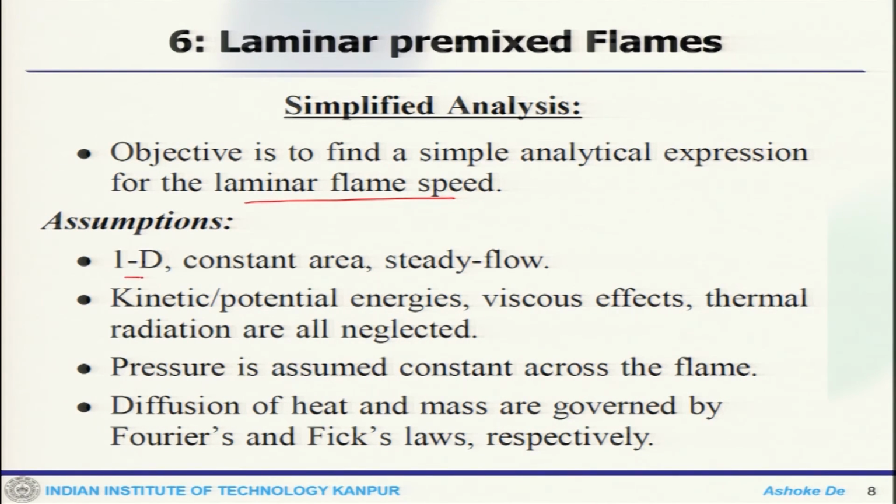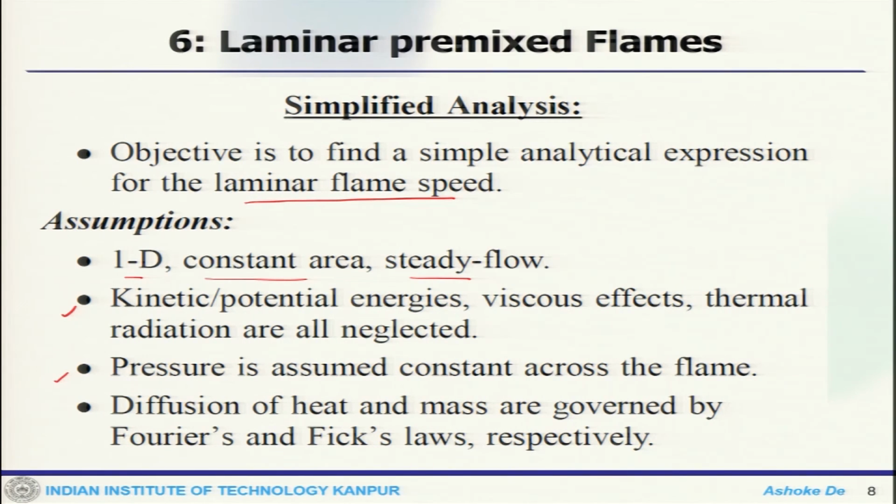First is 1D constant area steady flow, that is number 1. Then all kinetic energies, potential energies, viscous effects, and thermal radiation are neglected. That is number 2. Also, across the flame the pressure is assumed to be constant, so pressure does not become an active parameter.